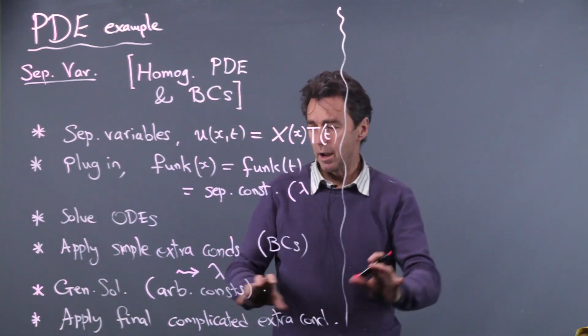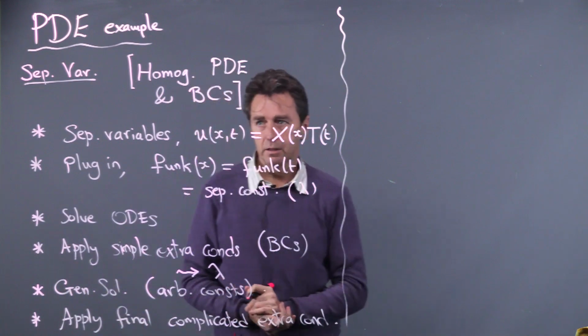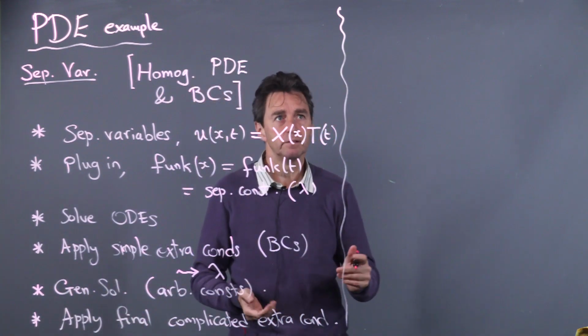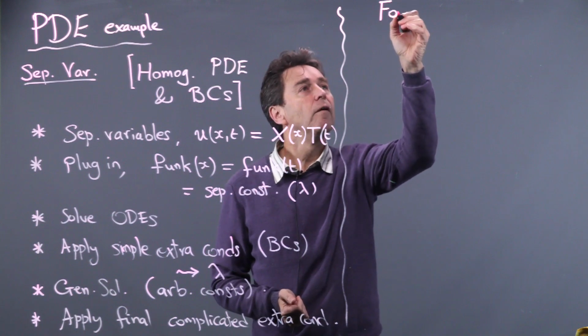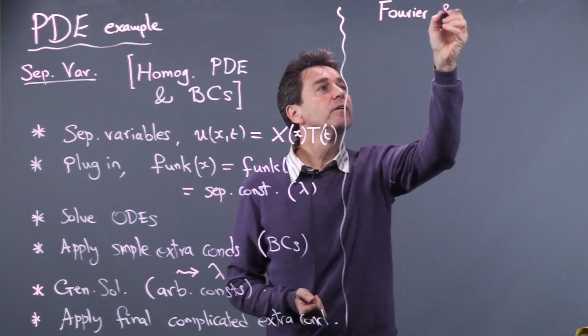And along the way, when we get down to here, that's where we have to use some features of Fourier series. So let's just talk about that. Here we've got the Fourier series.